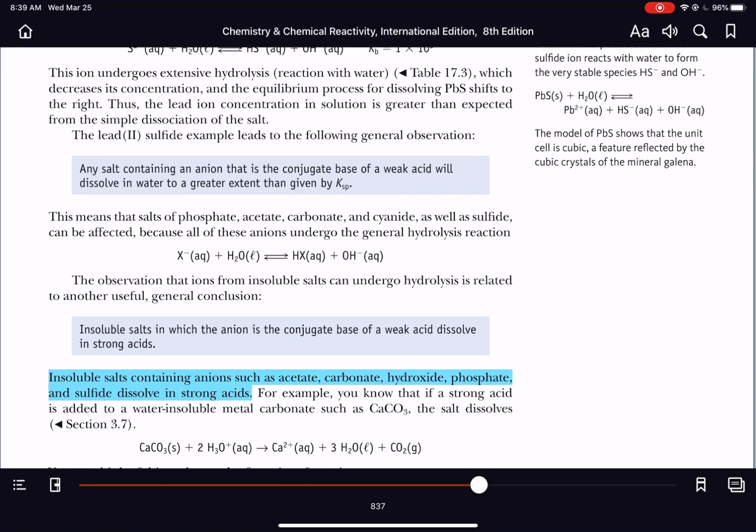Now, the generic form of an anion hydrolyzing is represented by the X minus, where X is your generic anion, and you're going to produce a hydroxide. But X is going to be the conjugate base of the weak acid. That is to say, what's left over when the weak acid donates its proton.